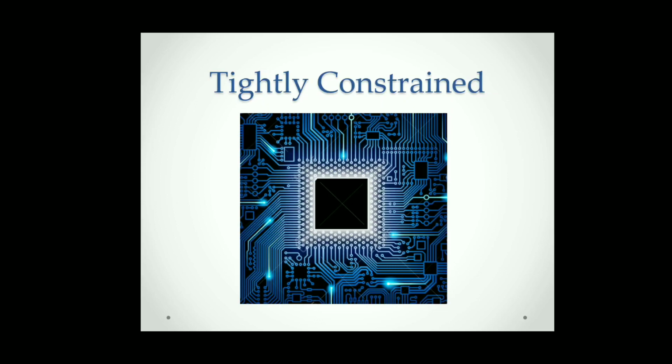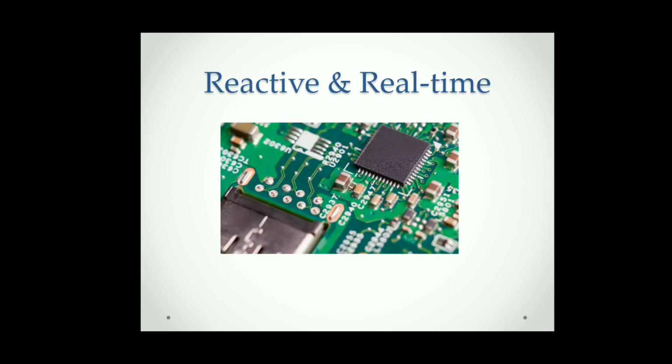So it is very tightly constrained. If you are checking the architecture of the microcontroller, the power consumption, the power dissipation, everything will be tightly packed. So this is another characteristic of how a real-time embedded system works. And the final one is reactive and real-time.